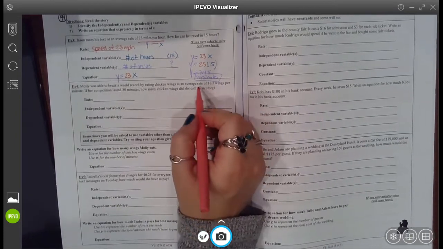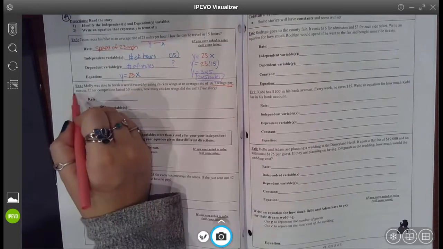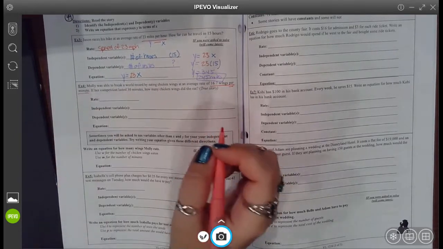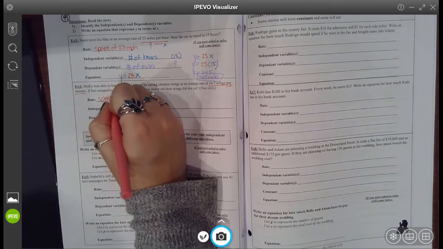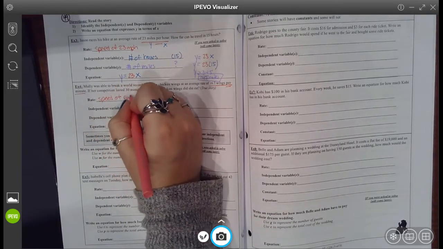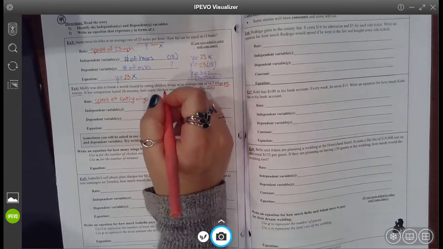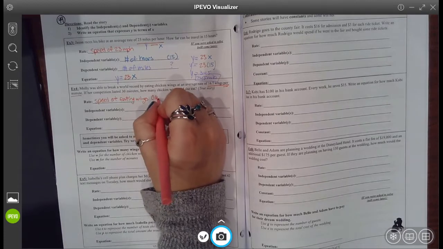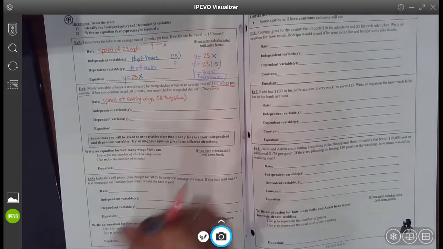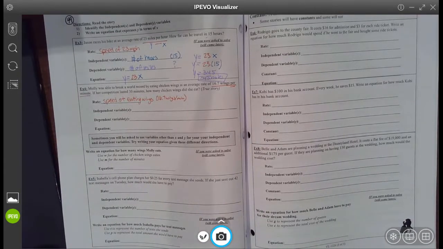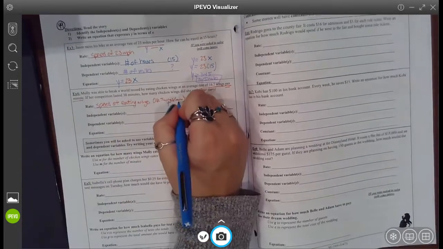So it says on average, they even told me it was the rate, 16.7 wings per minute. Okay, so your rate is the speed of eating chicken wings. And it was 16.7 wings per minute. That was the speed. Now remember that it tells you your y per x.